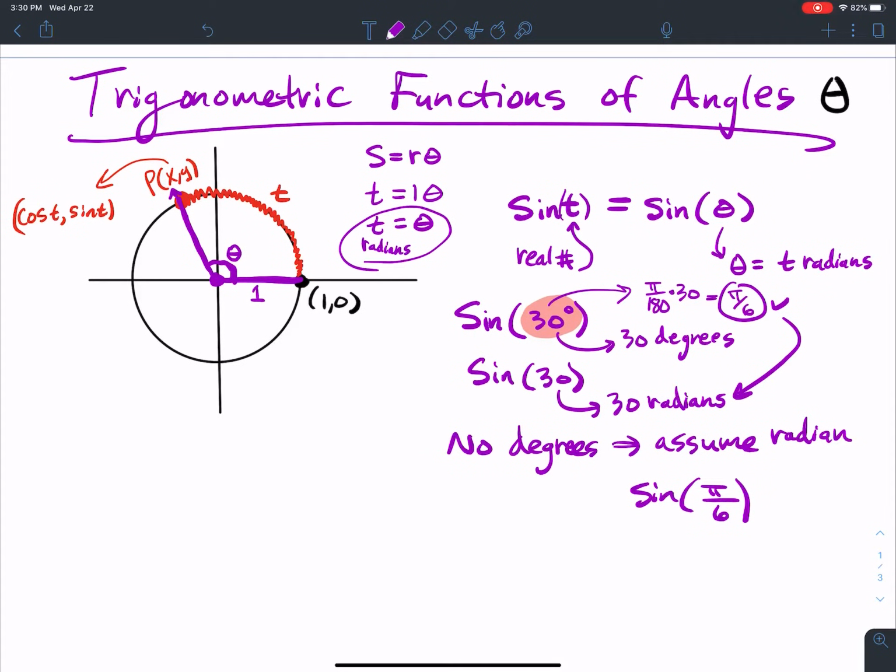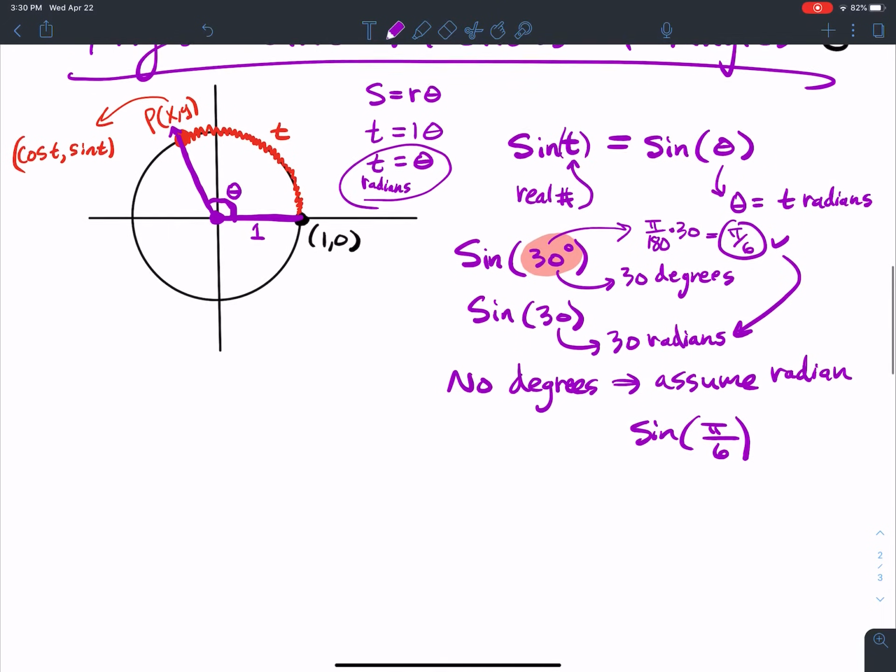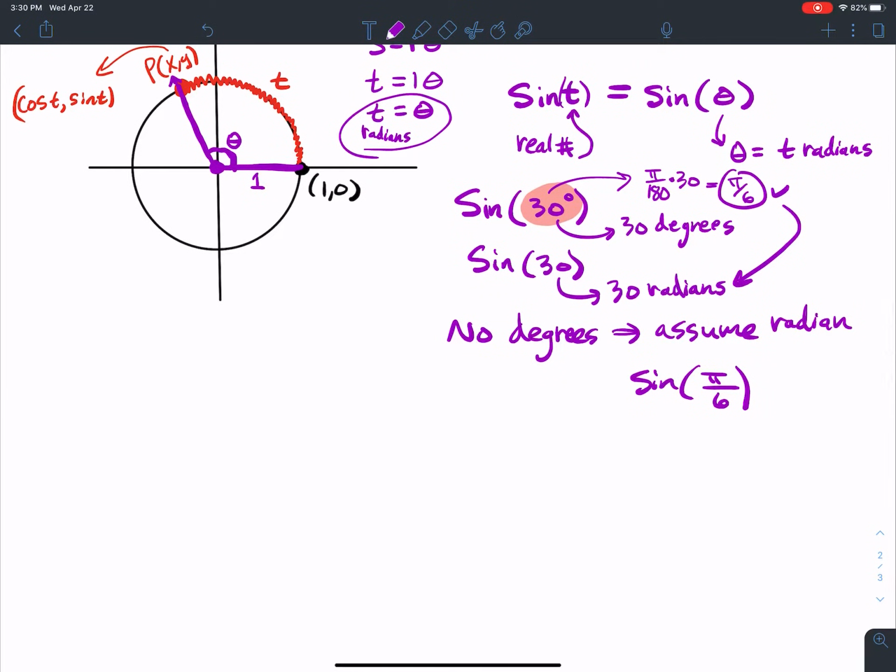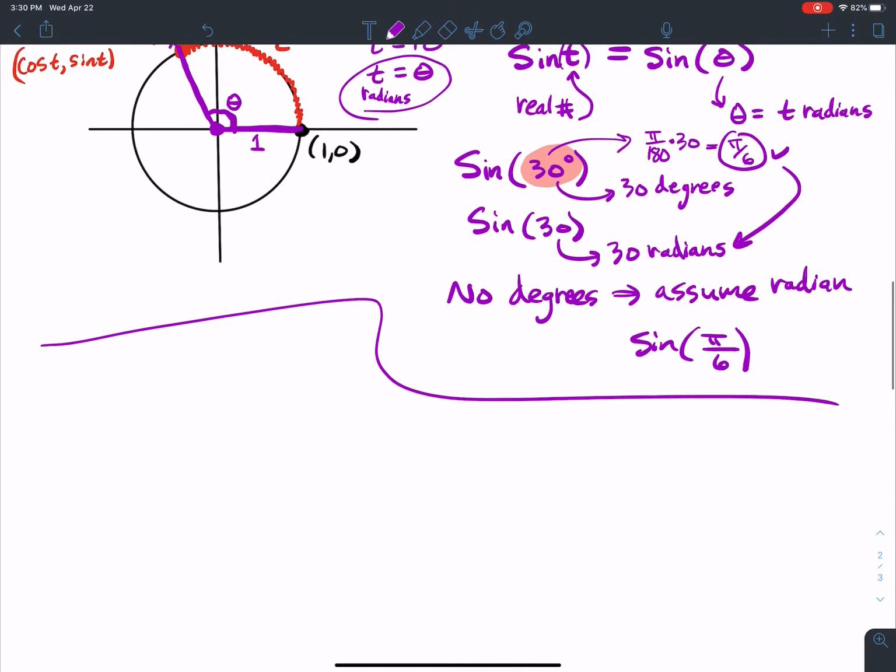All right, so what we want to do is find exact values of trigonometric functions at the quadrantal angles, where it's at 0, 90 degrees, 180, 270, and 360. So let's draw a circle.